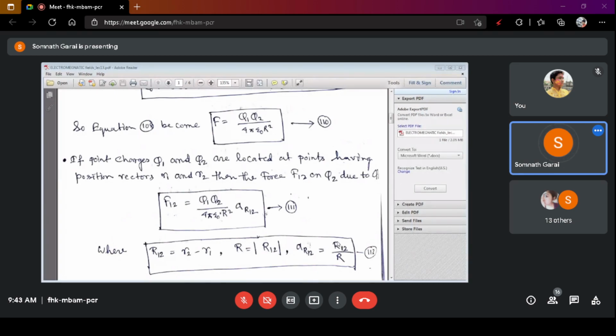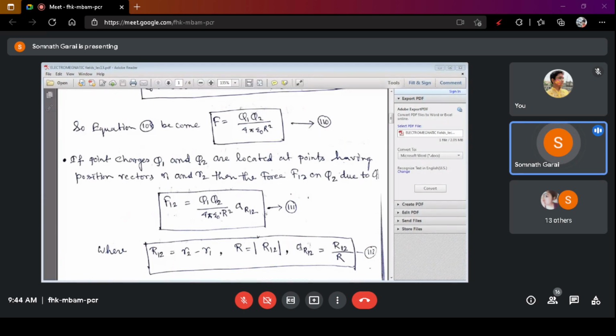Unit vector equals vector divided by the modulus. So A R12 is equal to R12 divided by R, where R is equal to the mod of R12. As we know, when we calculate the unit vector, the formula is vector divided by its modulus.